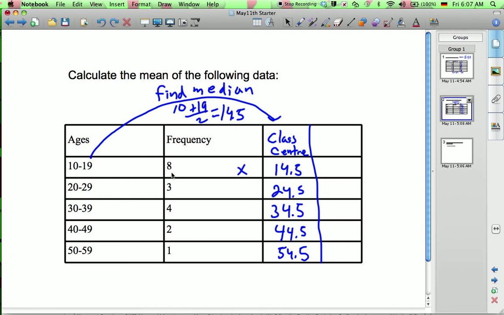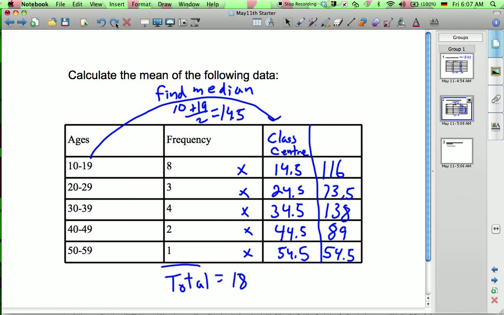We're going to multiply that by the frequency of each interval, and we get these numbers, just some calculator work. Then we can add together the frequencies again to get the total number of people, and we get 18.